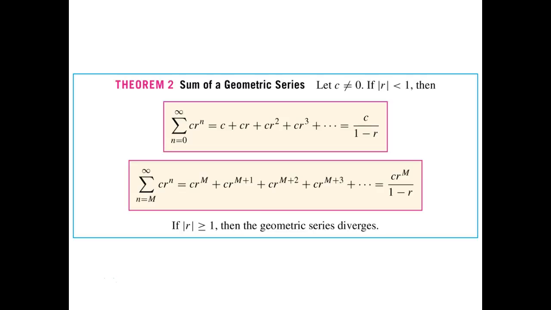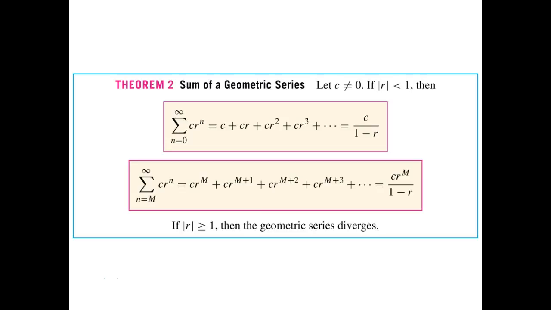Then what is your geometric series? Well, you're not starting with n equals 0 here. You're starting with some other value, and that would be m. C r to the m plus C r to the m plus 1 plus C r to the m plus 2, C r to the m plus 3, and so on and so on. Well, what does that do for us now?